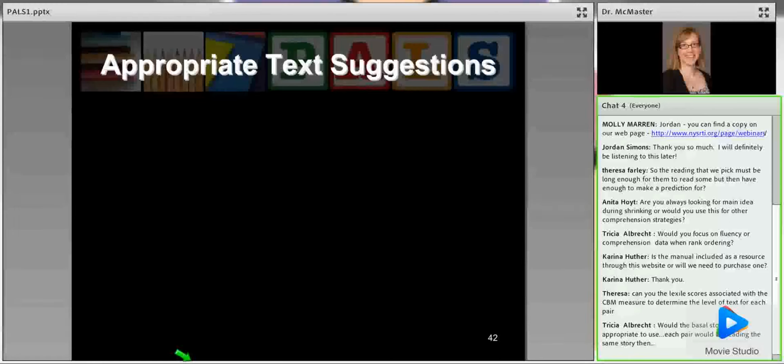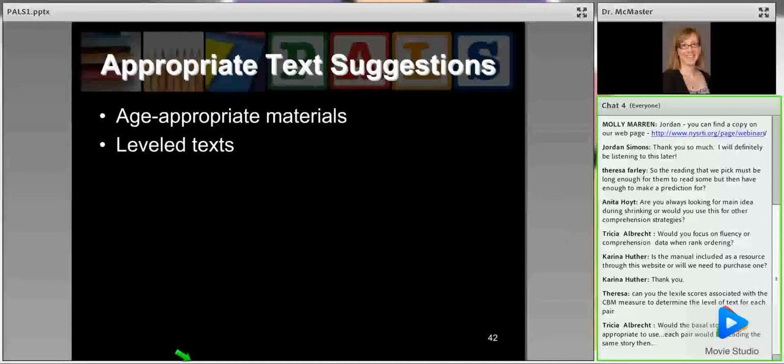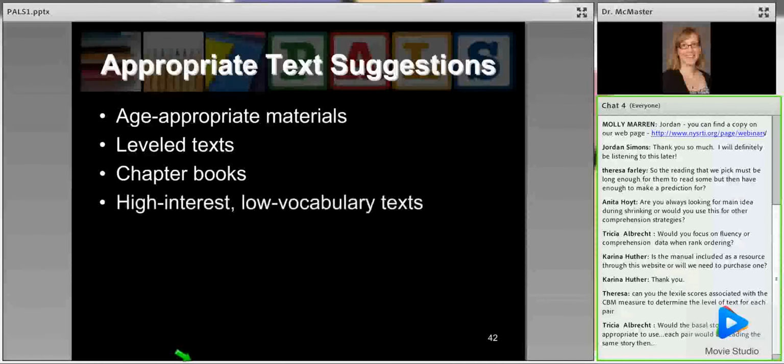But here are some kinds of texts that teachers have used. Age-appropriate materials, of course, we always want to do that. Leveled text, so if you have texts that come with your curriculum or you have a leveled library or media center, that's good. Chapter books, young adult fiction is good if you have older kids.